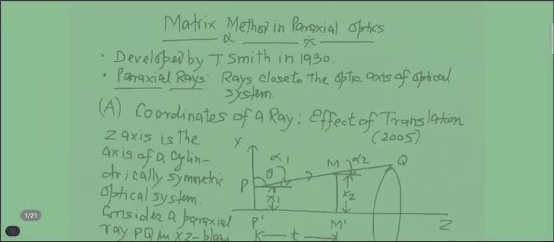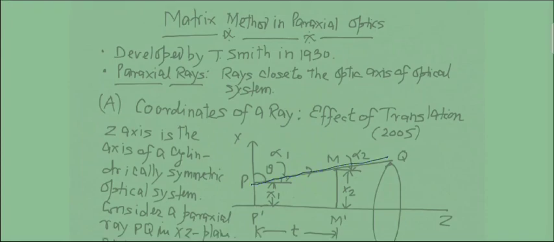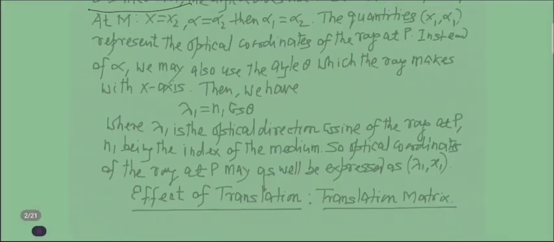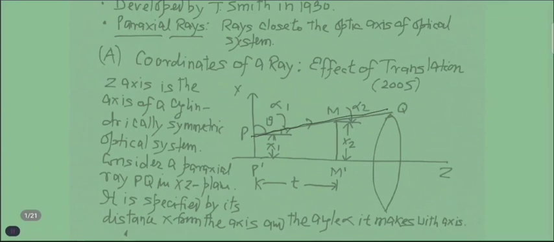Now this is a homogeneous medium, so PQ will be a straight line. Why? Because the medium is homogeneous, it has the same refractive index everywhere, and a single medium is there from here till here.